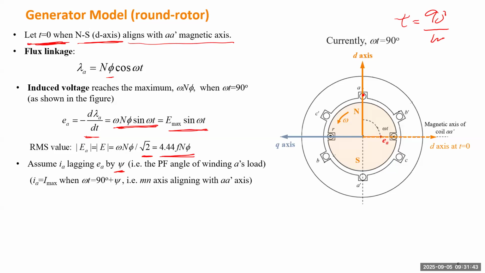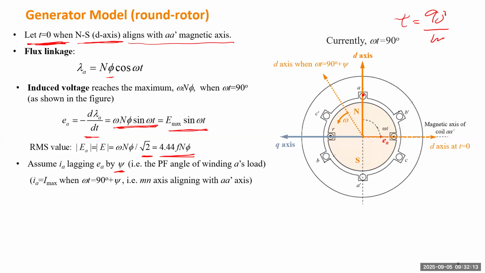Now we have to figure out how to draw the direction of the winding A current. If it lags the voltage by angle psi, then if at this moment the voltage has the maximum value, I need to turn the rotor by another angle psi, and the current will reach the maximum value.